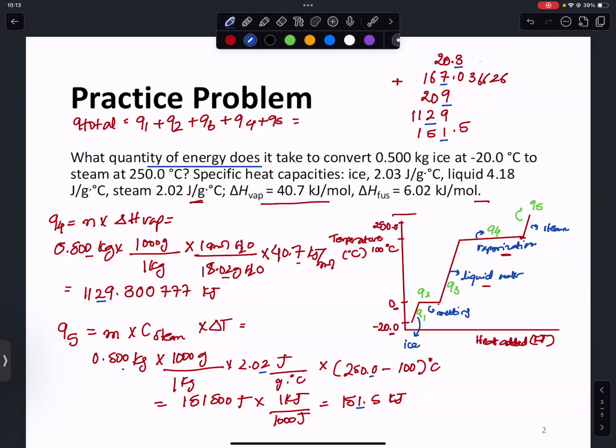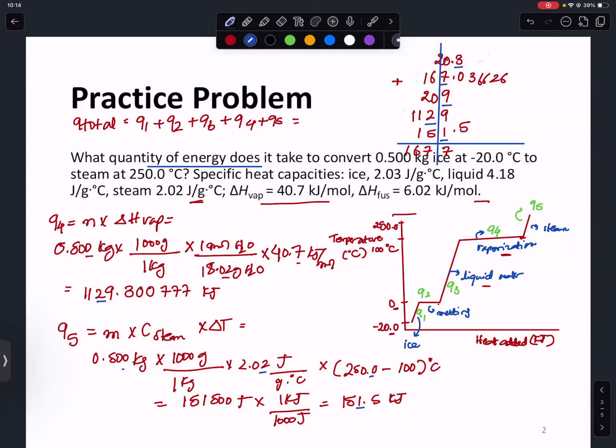Okay, now since we are adding all these together, I can just draw my line right here because we incorporate the lowest number of sig figs, and the lowest number of sig figs will be the 1,677.